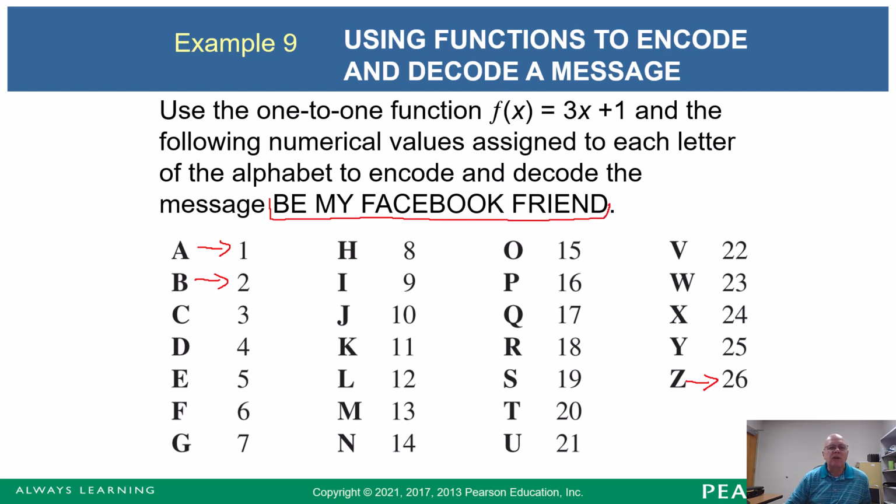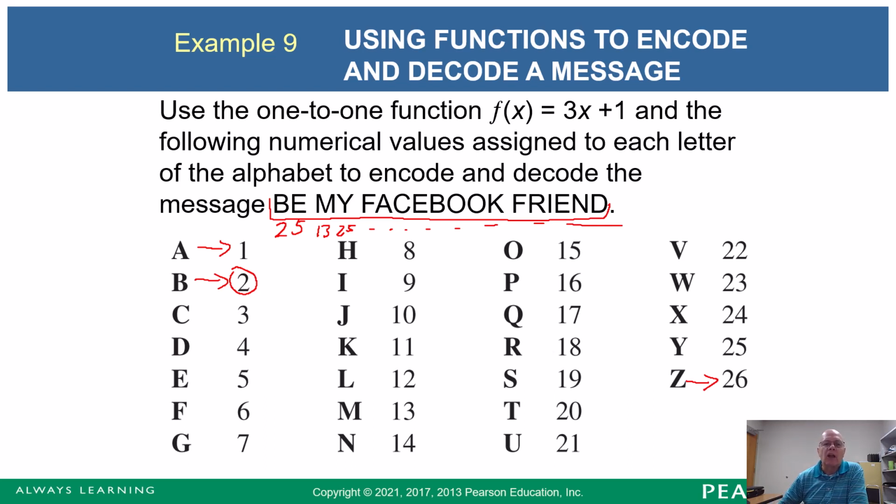The first thing we do is take each of the letters, like the B. B will be represented by a 2 in your initial message. E is a 5, M is a 13, Y is a 25, and so on down the line. However, if you send that and someone intercepts it, it won't be too hard to back off of that and say, oh, number 2, I bet that's a B. 5, I bet that's an E. That's not good. If this is a secret message, you don't want someone to be able to do that.